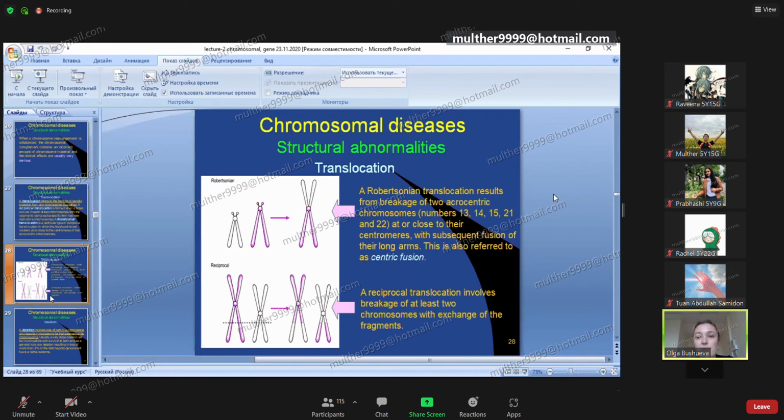First one, Robertsonian translocation. On this slide, you can see 2 acrocentric chromosomes.